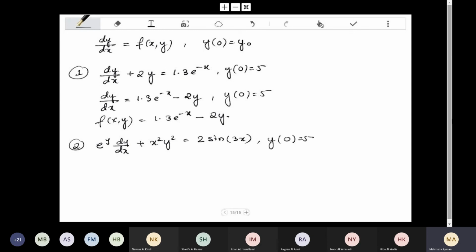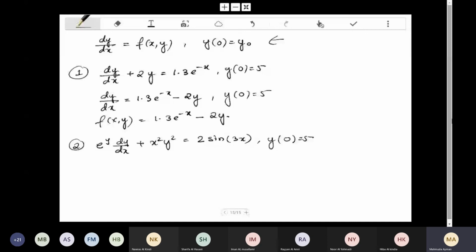Can you write it in the above form and give it to me now? Two sine 3x minus x square y square divided by e to the power y.